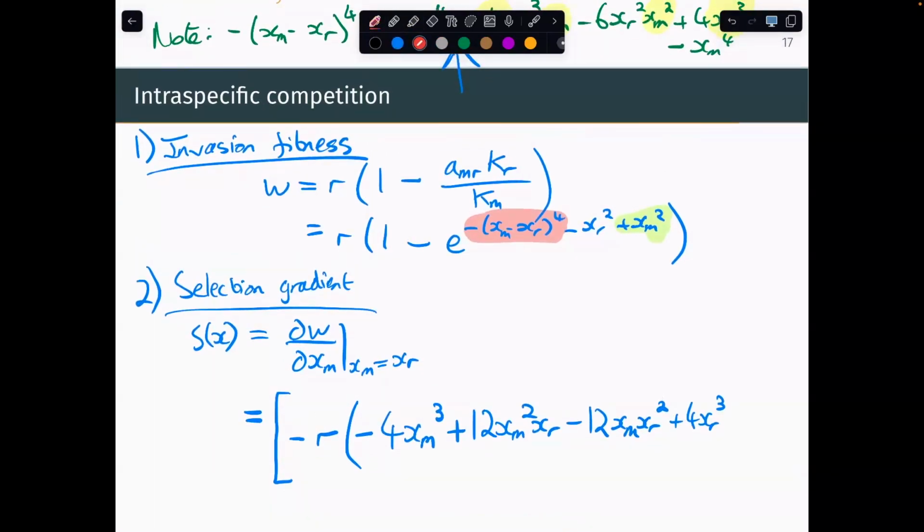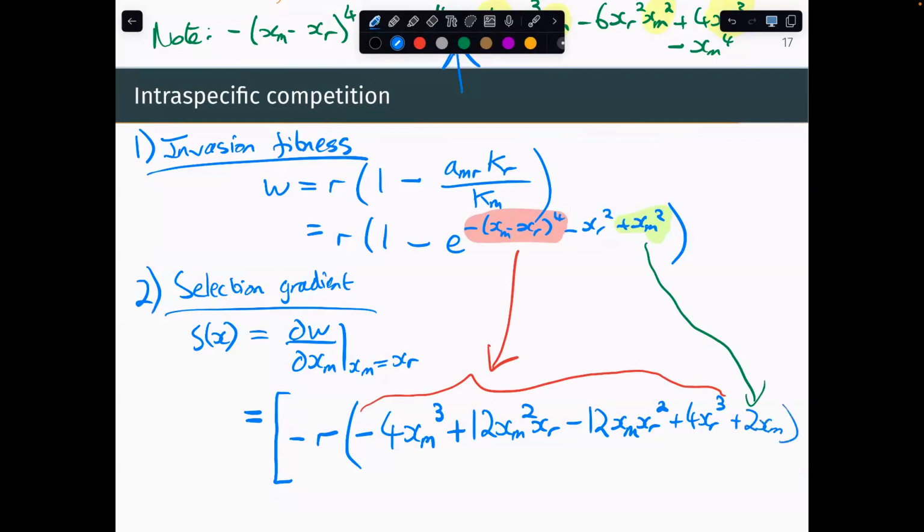And this here is basically all of these terms coming out the front. The minus xr squared term doesn't matter at all. And then on the end, we are also going to have the derivative of xm squared. It's going to be 2xm.